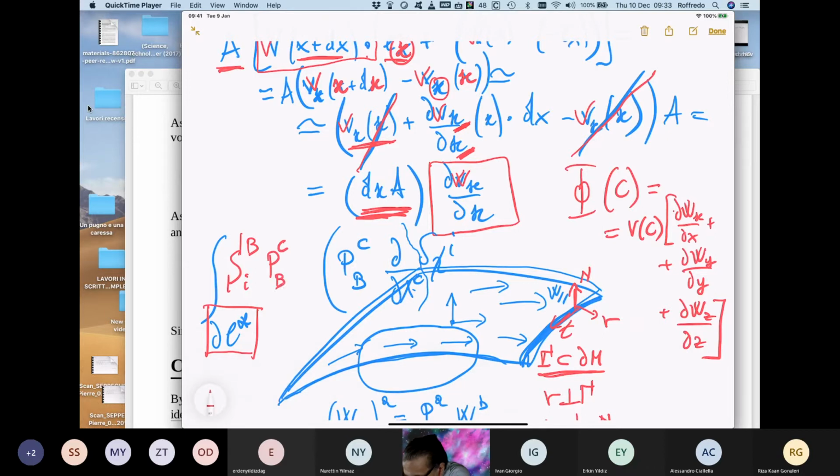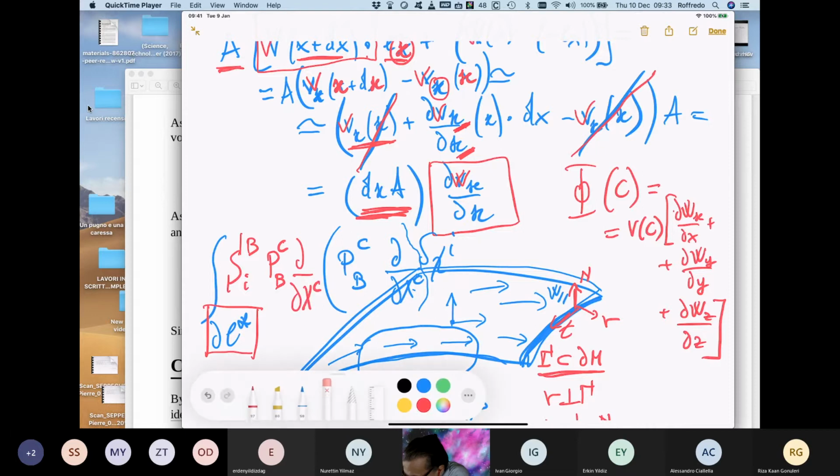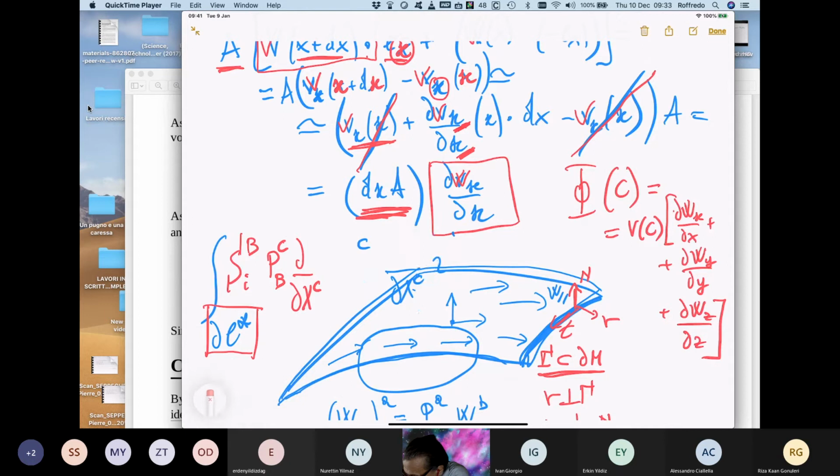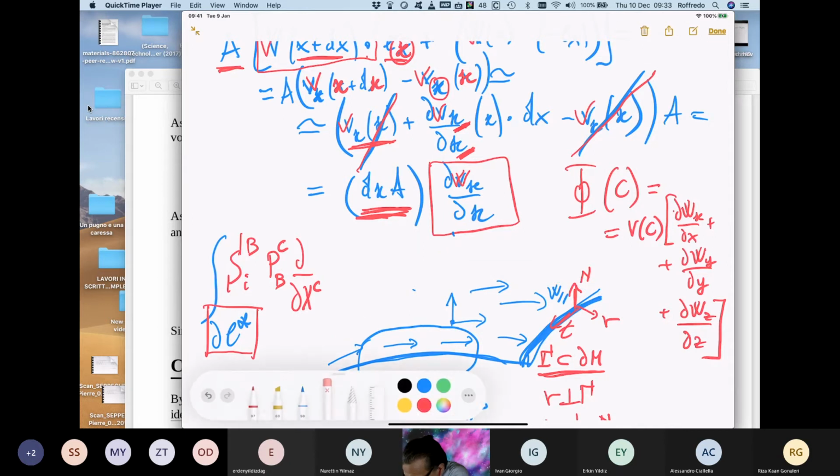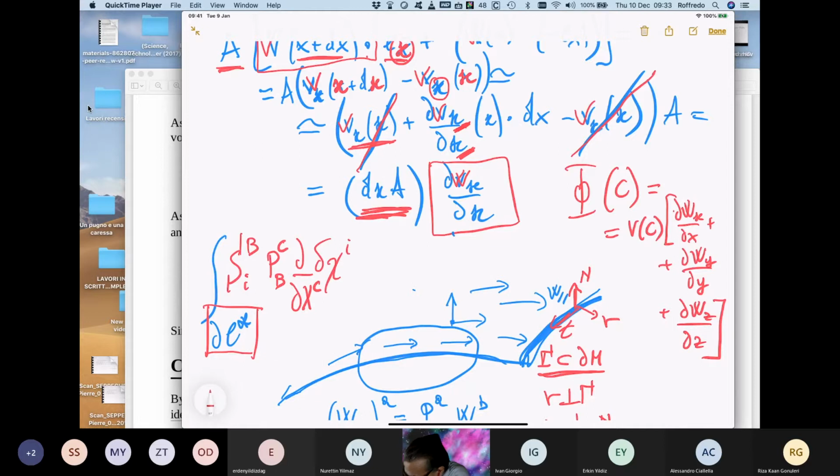P_CB. This is the projector in the plane of the boundary of C star. And then I have d over dx_C of delta K_I.